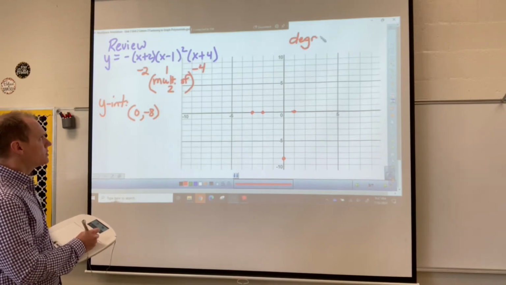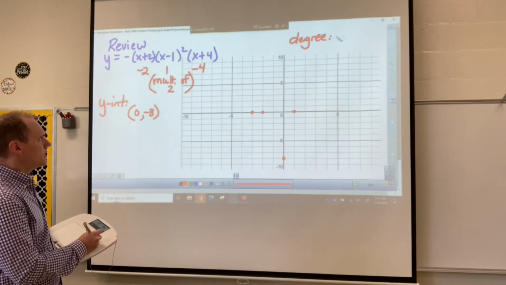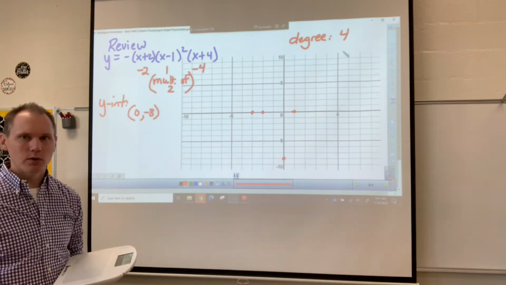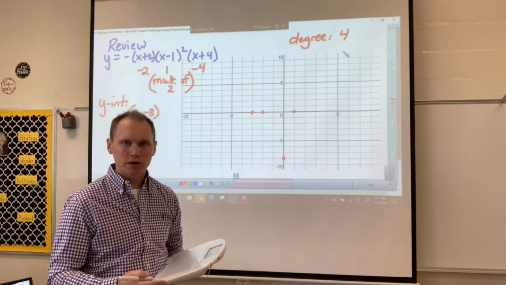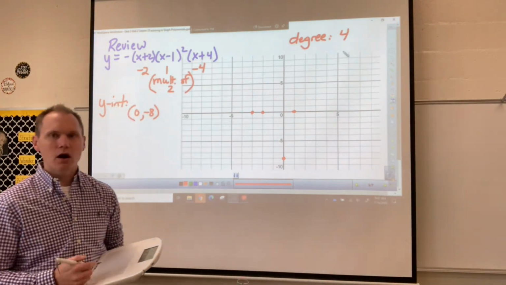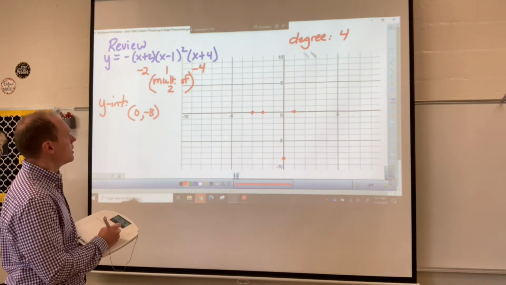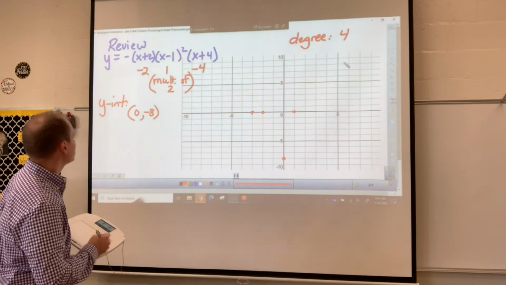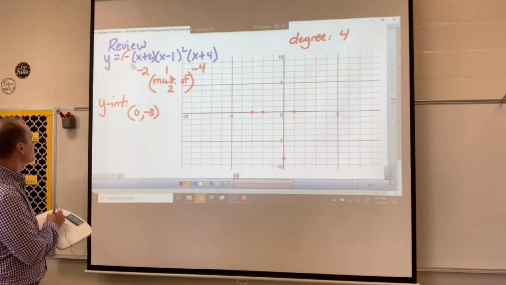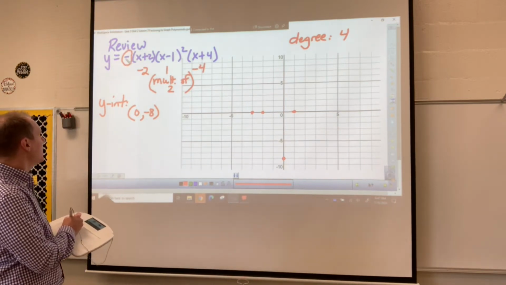From our last unit, we talked about how even degrees act a particular way. So quadratics, quartics, degree 6, degree 8, all act in a similar fashion in terms of the end behavior. But there are two different options: one if it's a positive leading coefficient, and one if it's a negative leading coefficient. Here it's negative.